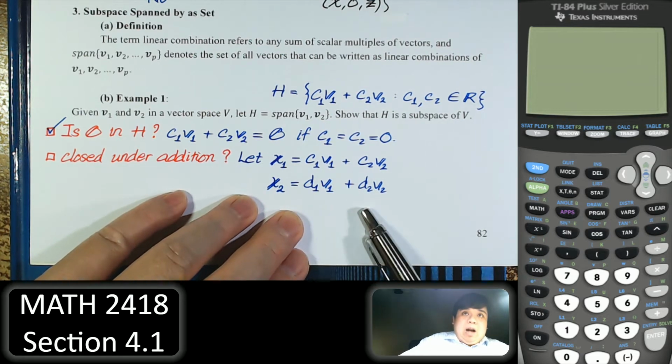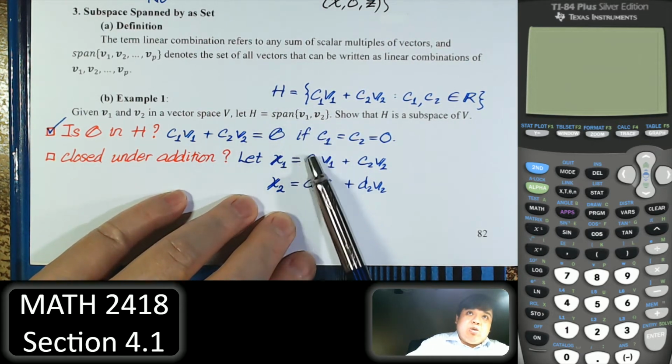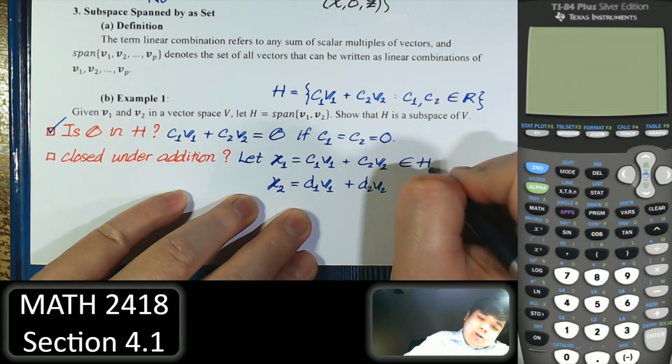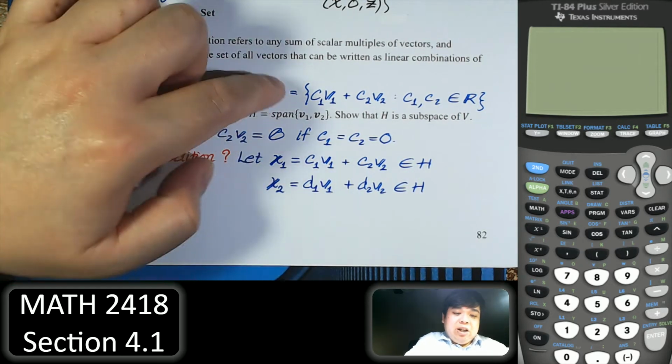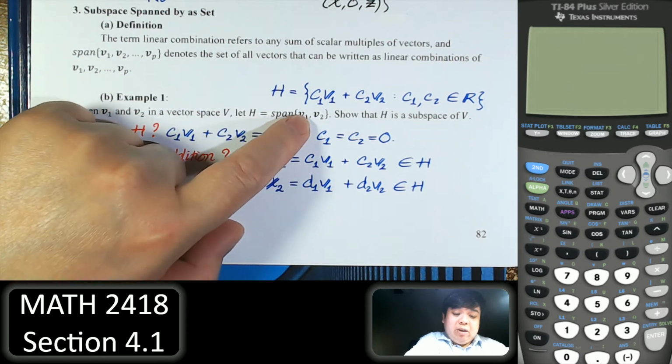Both of them, because they are written as a linear combination of v1 and v2, belong to H. That does belong to H. This belongs to H, by definition, a set spanned by v1 and v2.